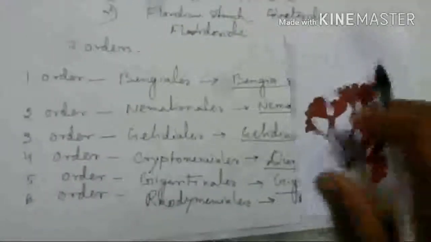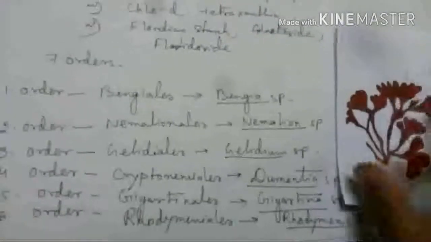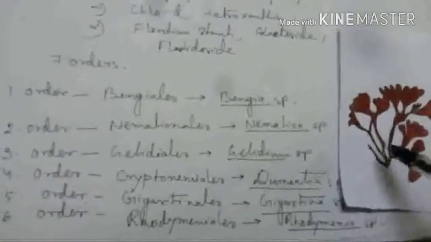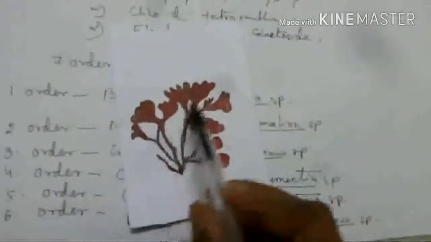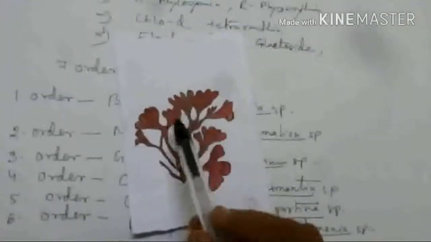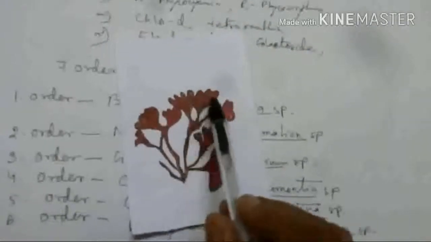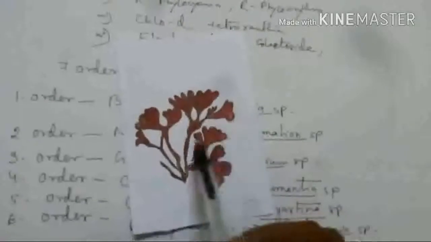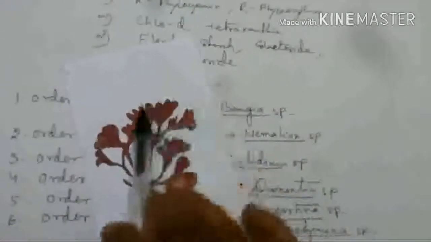It is the Rhodymenia algae whose thallus looks fan shaped, and stripes are also present. The fronds are dichotomously branched and the apex is rounded. So this is a Rhodymenia algae.